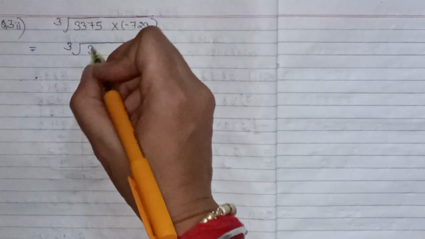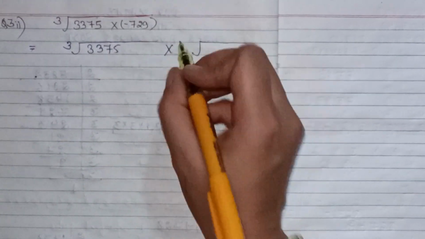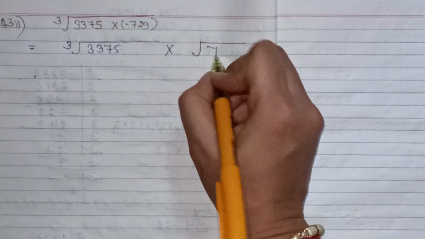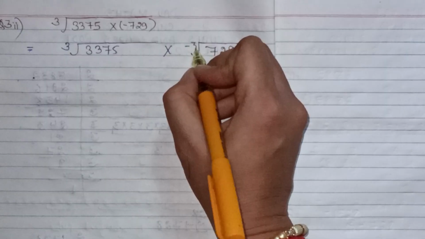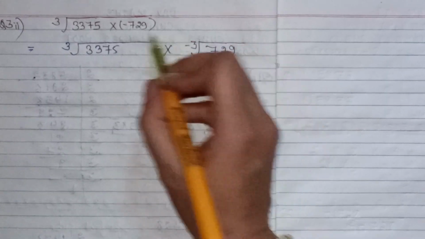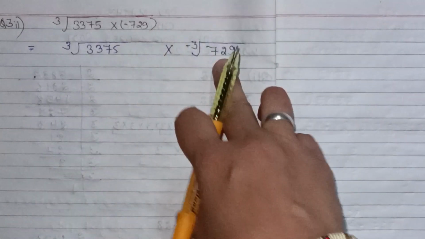We also write it as cube root 3375 multiplied by again cube root 729. Here this minus I write outside, then minus, then write 3. This minus I write outside from the root. I also write it like this.